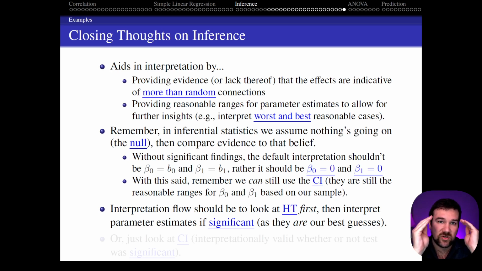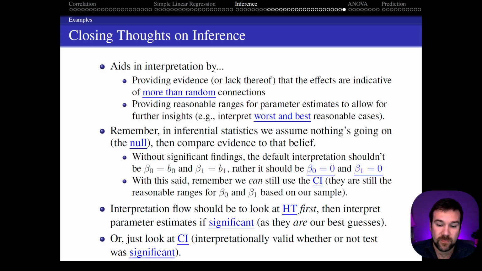So I'll not just interpret the significant parameter estimates, I'll interpret the low and high end of the confidence interval values for the significant parameter estimates to get a feel about what's reasonable to expect in the intercept and the slope situation. Alternatively, I could just look at the confidence interval, because remember, the confidence interval I can use to do hypothesis tests too, and then I could just interpret the confidence interval values.